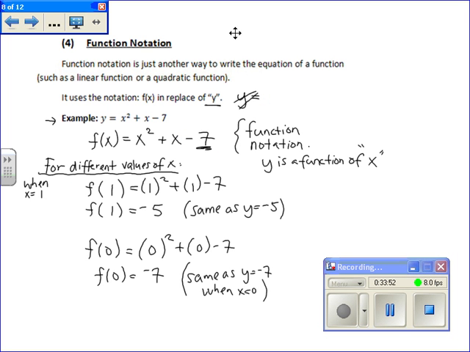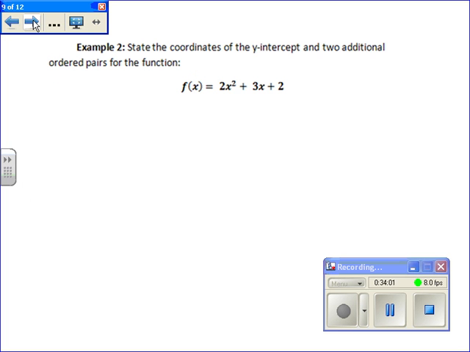Let's come back to our notes and just finish up here. A couple of examples, different ways of asking you questions. Example 2, state the coordinates of the y-intercept and 2 other ordered pairs. Ordered pairs are simply points.